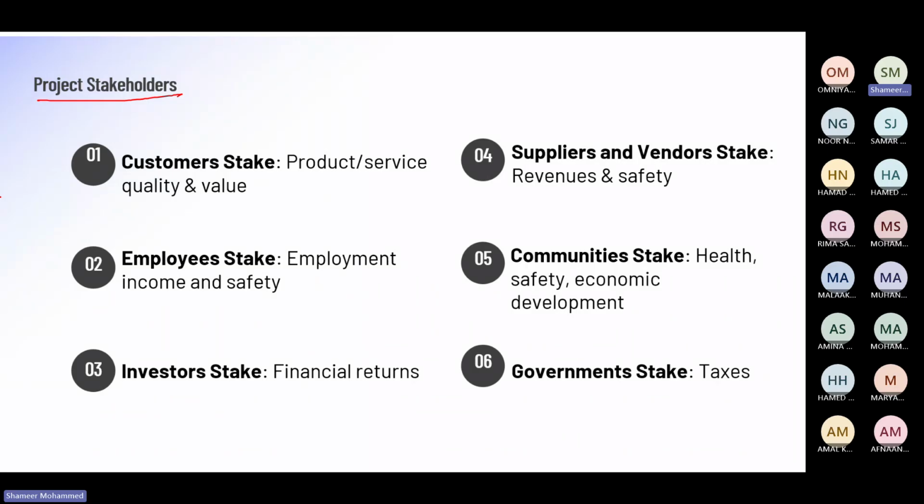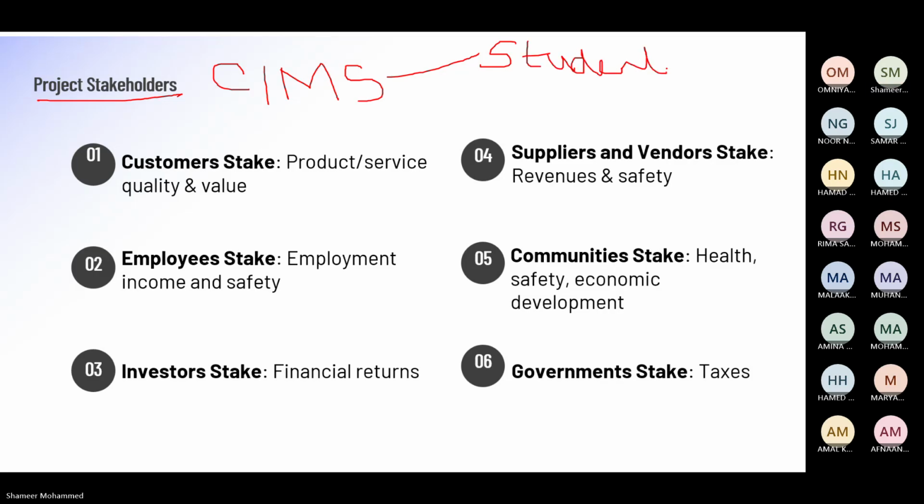I told you, for example, SIMS. You said that the student is the end user. Who will use this application? SIMS student. So the student is interested in or affected by this application, SIMS.